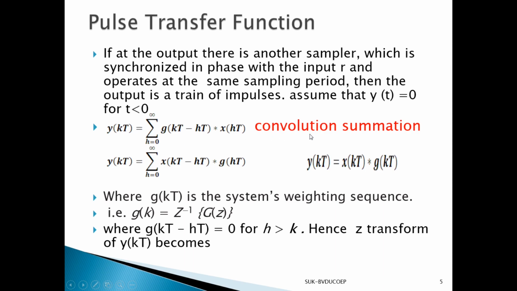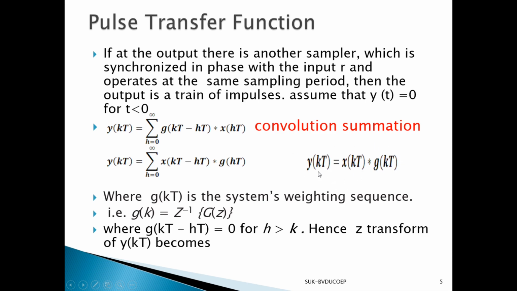So here it is written as the convolution summation, the sequence g(kT minus hT) into x(hT), where x is the input and g is the sampled signal summation. These are the two sequences: one is this sequence and the second is this sequence, and we take the summation of the two sequences. So y(kT) is sigma h equal to 0 to infinity x(kT minus hT) into g(hT), and this is known as the convolution summation.